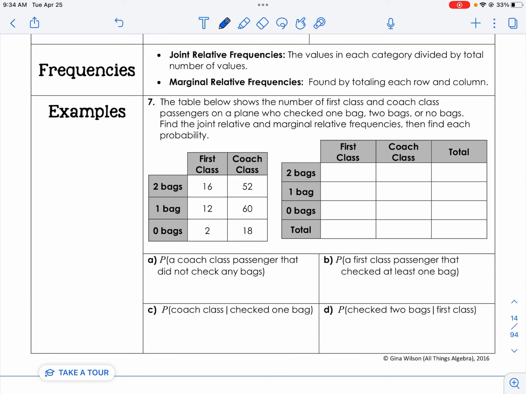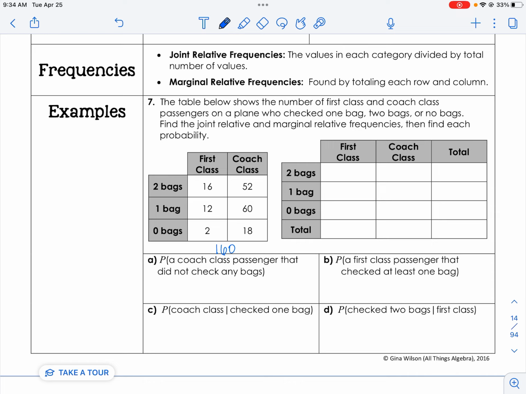Find the joint relative and marginal relative frequencies. Okay, so first I'm looking for the total, which is 160, and then I'm going to make percentages or decimal values here in this second table.